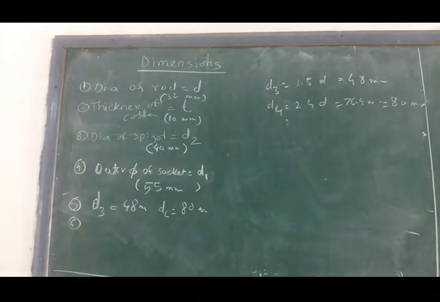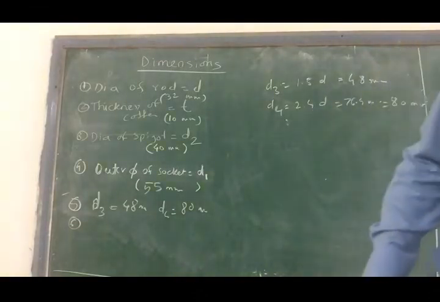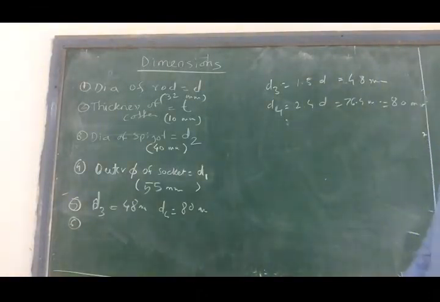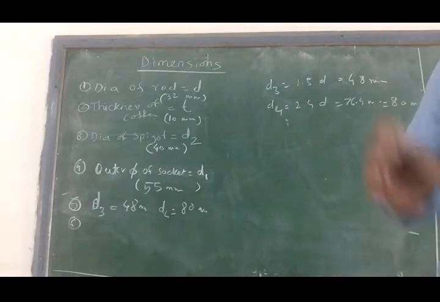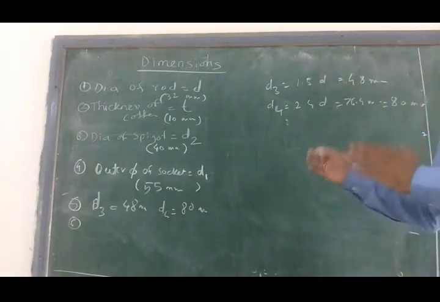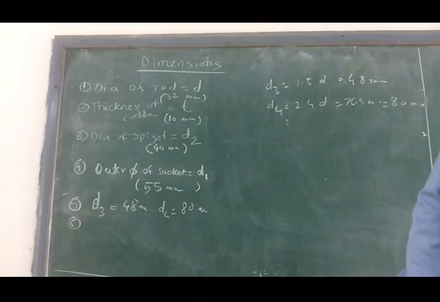Now we need to calculate A and C. A is the gap between the end and the quarter, B is the quarter width, and C is from the quarter to the collar end.